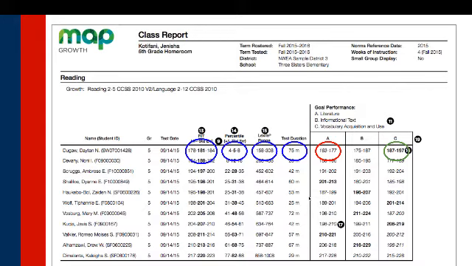So when we look at this, this is a sample, again, this is not real student data. This is from the MAP growth portfolio document that is linked in at the beginning of this presentation. So this shows on the left all of the different students. This particular report is organized lowest to highest.